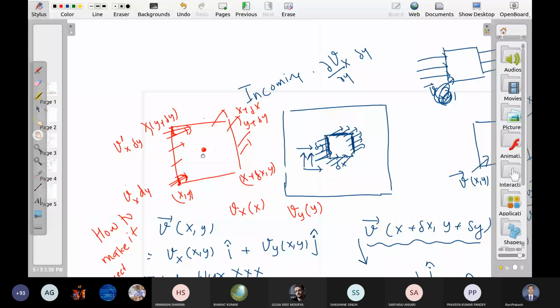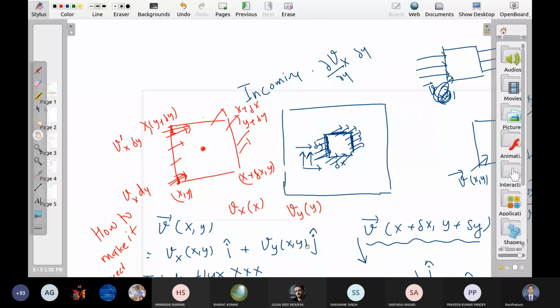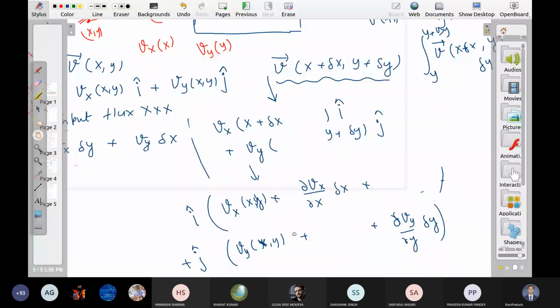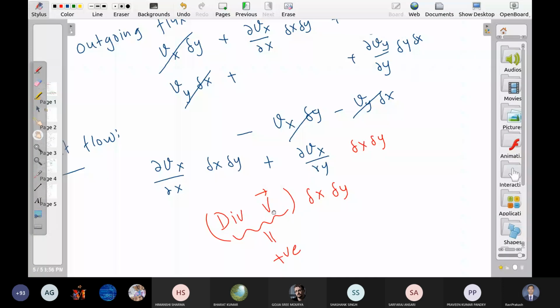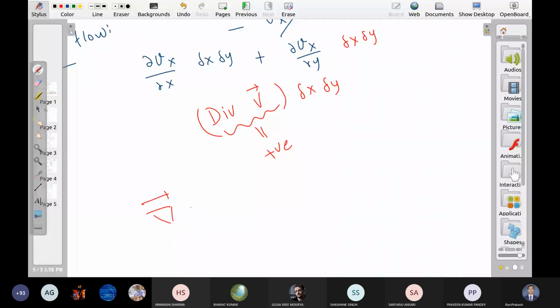And if there is nothing inside this area, whatever water gets in, similar amount of water gets out. And in that case, this quantity will be 0. Okay. So divergence or del dot B or del dot F is a measure of flow.